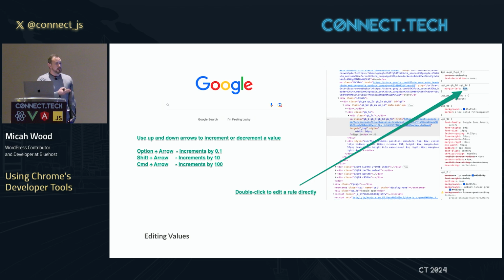But if you're just trying to bump it up and down and see kind of where it lands and what you want, you can actually use your Option and the arrow key to increment by 0.1, which is great for rem measurements. You might want to go with Shift arrow up and down to get increments of 10, or you can do Command arrow and get increments of 100. So, how much you want to move it.